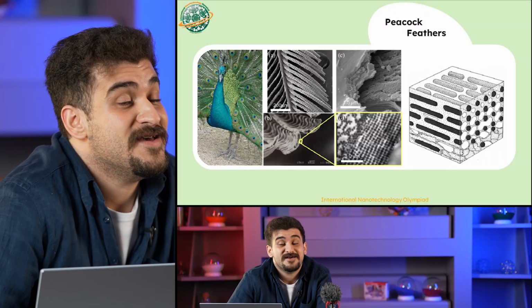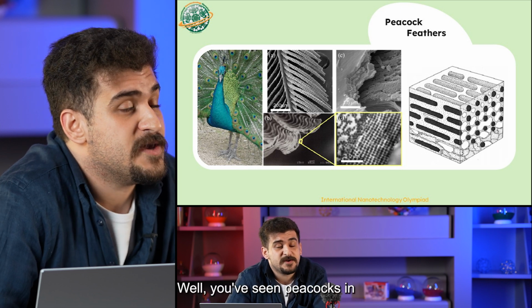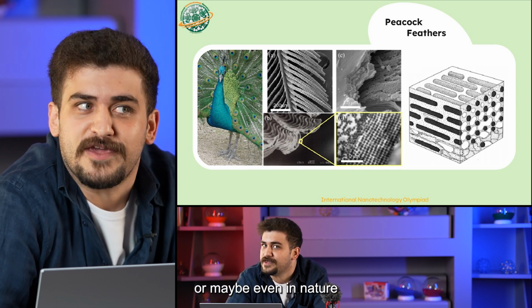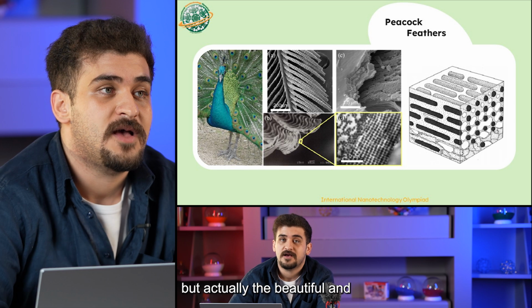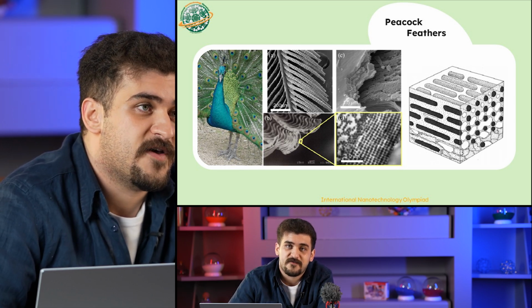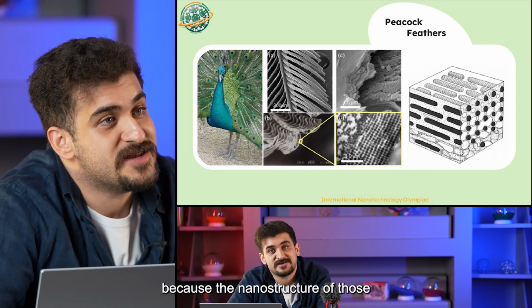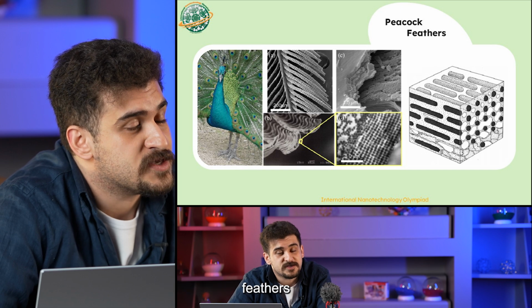Fascinating, right? Another fascinating example is the peacock feather. Well, you've seen peacocks in zoos, or maybe even in nature, but actually the beautiful and astonishing colors on the peacock feather are not because of so many pigments, it is because of the nanostructure of those feathers.